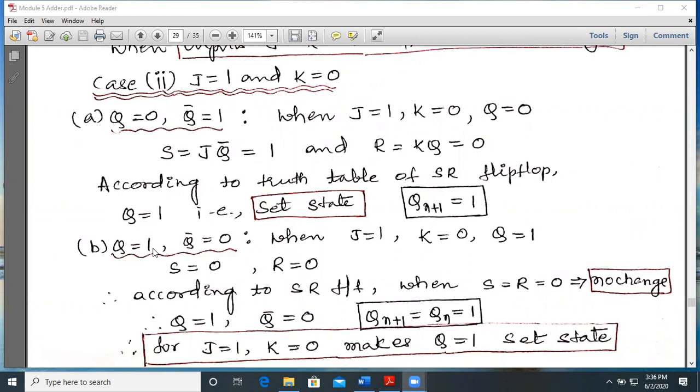But when Q is equal to 1, we are getting the no change condition, that means the present state retains the previous state, which is equal to 1. Thereby, when J is equal to 1 and K is equal to 0, this will make Q equal to 1, which is called the set state.